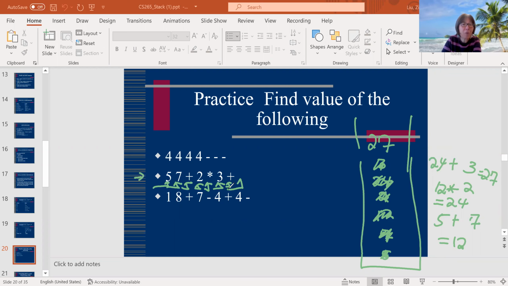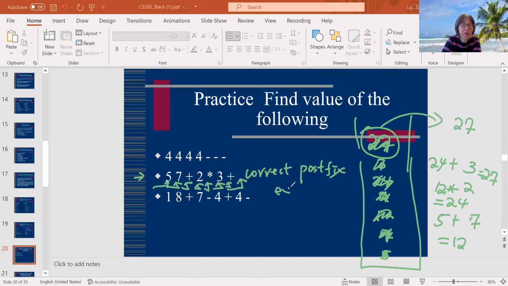Okay, now we reach the end of the scanning. And we need to pop this number out, 27. And the stack is empty. So this is a correct postfix expression.